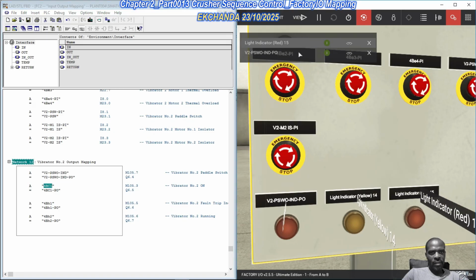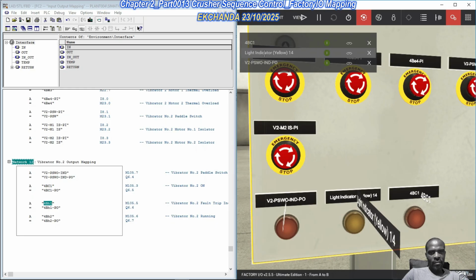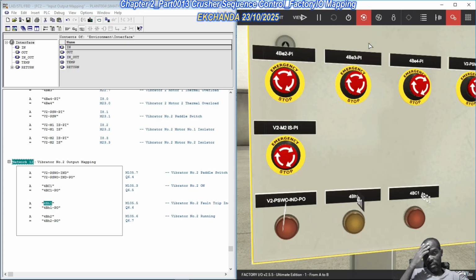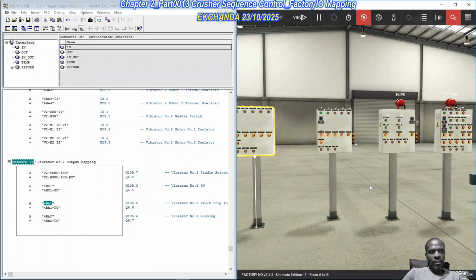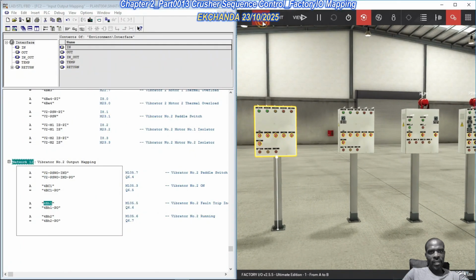On, it's this one here. And then the faulted state for vibrator number 2, which is 4BH1, which is like so. So that takes care of the assignment. Okay, so maybe I need to save.